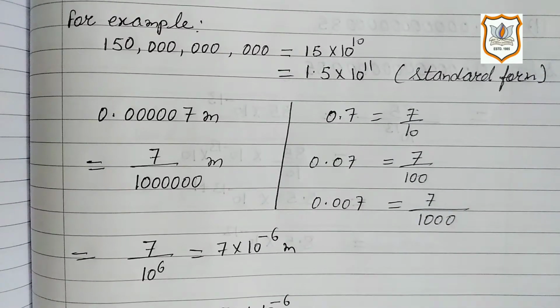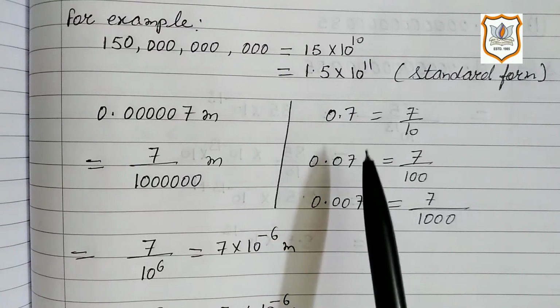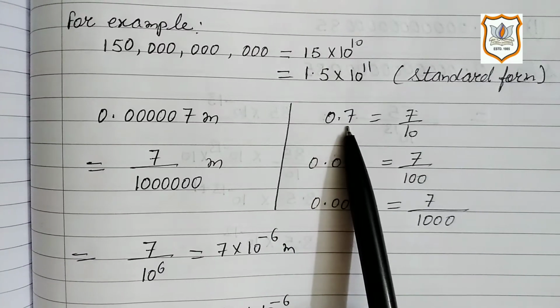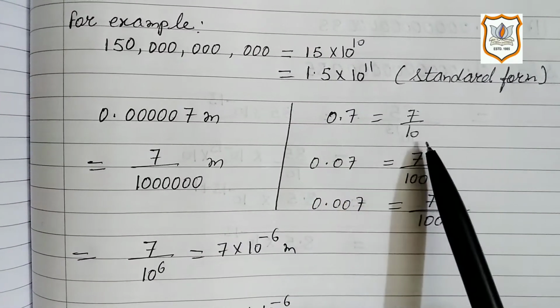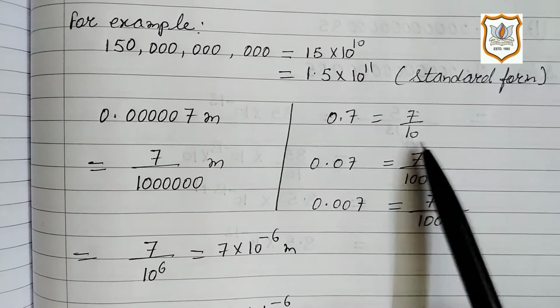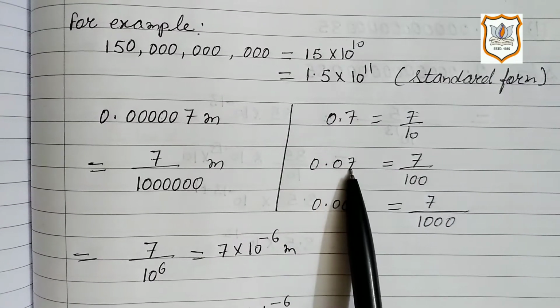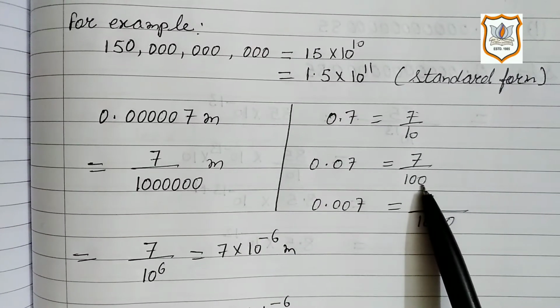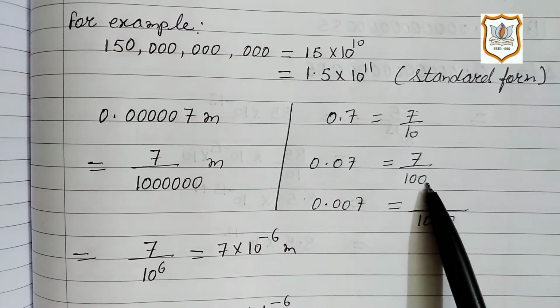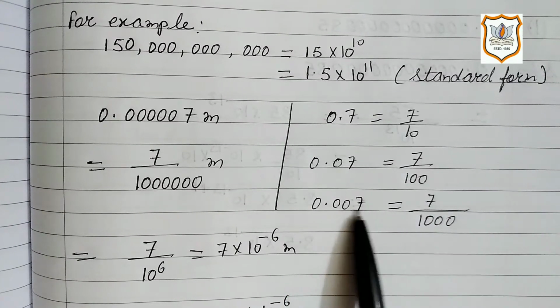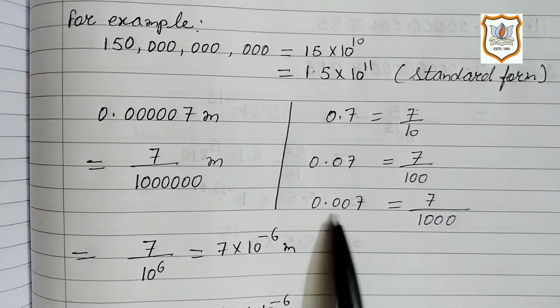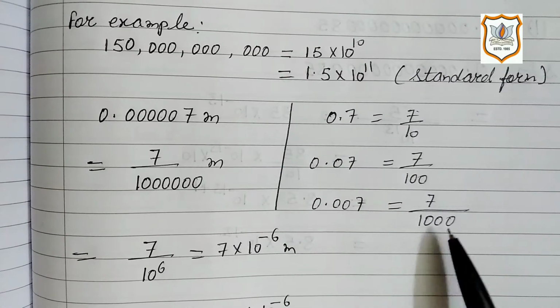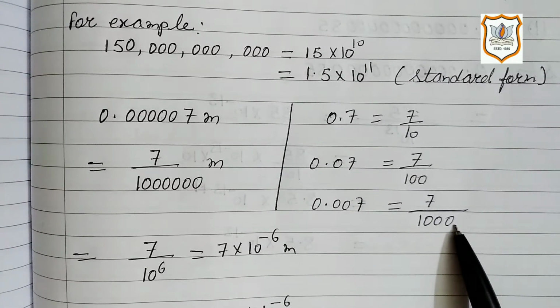You can observe that here there is one digit after the decimal point, so we write 10 as a denominator. Here two digits after the decimal point, so we write 100 as a denominator, and here 3 digits after the decimal point, so we write 1000 as a denominator.